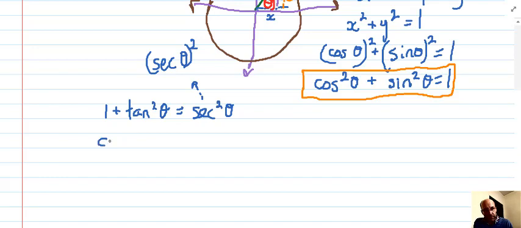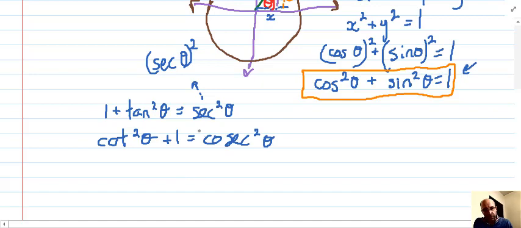Also, cot squared theta plus 1 equals cosec squared theta. They're the three forms. Now they're not just magic, they actually occur. If you start here, you can get the other two forms.